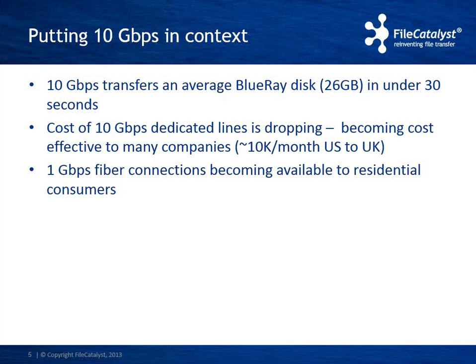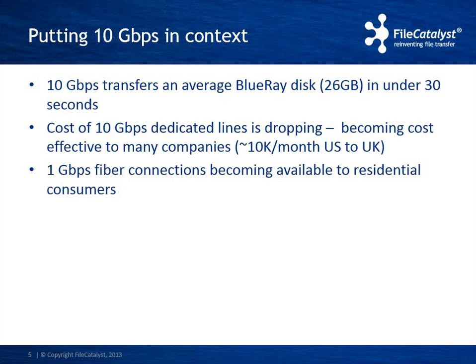A Blu-ray disc can be sent in under 30 seconds pretty much anywhere in the world, with no worry about any kind of network impairments. So if you want to send this Blu-ray disc from LA to Sydney, Australia, no problem. If you want to go to Rio from New York, no problem. Our protocol never gets affected by the network.